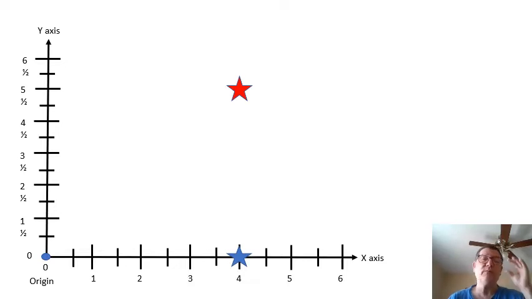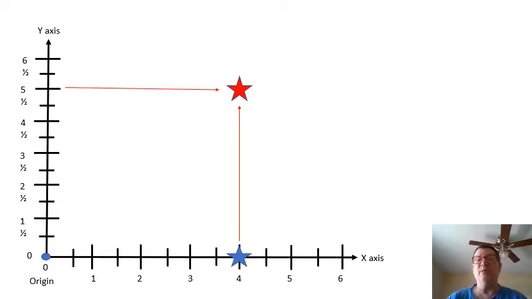Okay, so now let's try to identify how we could say where that red star is at. And we do that by coming over on the x-axis, and we can see that it's still over 4. And if we look on the y-axis, we can see that it's up 5 units from the origin on the y-axis.